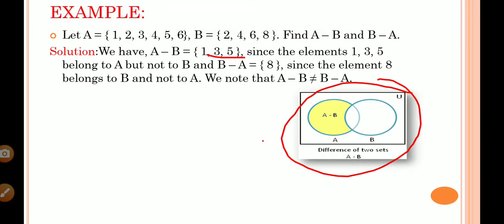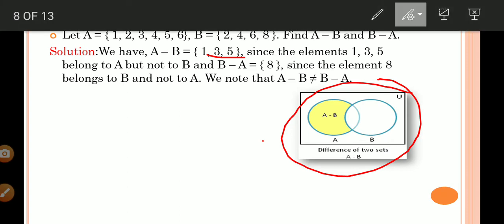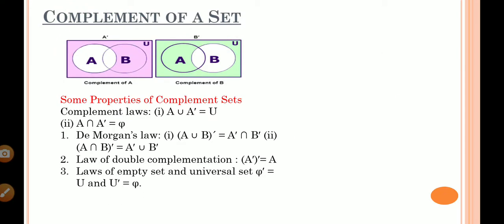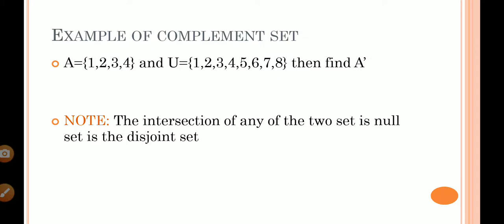Now let us move on to the next topic, complement of a set. What is the complement of a set? The complement of set A contains the elements present in the universal set but not in the set A. An example is given here. A is 1, 2, 3, 4.